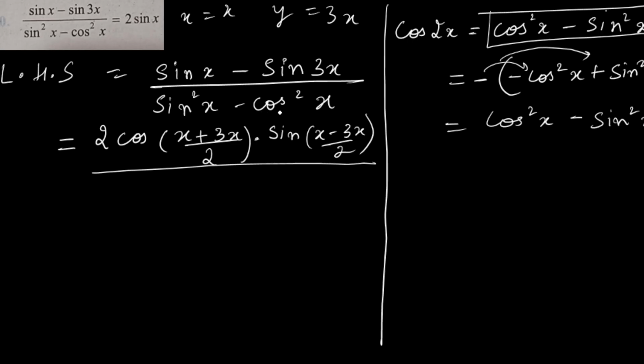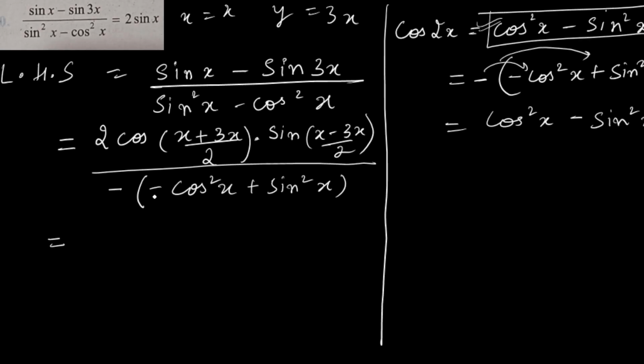So both of these functions have opposite signs. In this case, we can take minus outside. So I can write the same expression as minus (cos square x plus sin square x), and I've just taken minus outside.